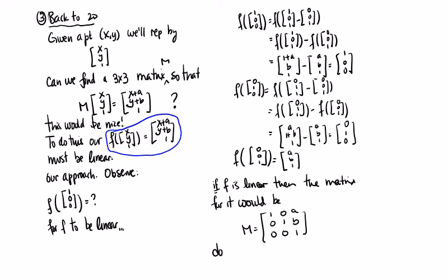So does this matrix do what F does? Let's take a look. Again, we want to know if the matrix multiplication does this thing right here. So all we need to do is calculate it. If it does the job, then we're good, and then we can move to 3D. So let me clear the screen and do that calculation.